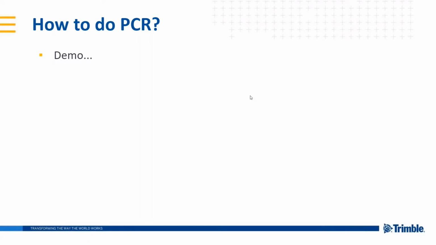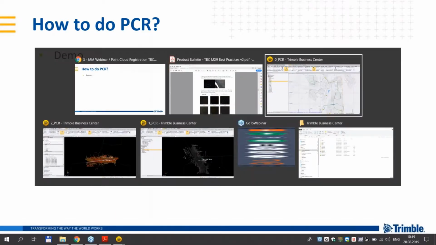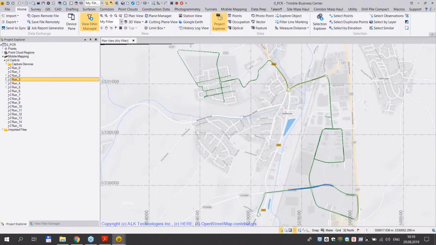Coming back to my presentation, I will jump into TBC to see how this absolute registration can be achieved. The first step, as I explained in my requirements, is to have a generated MX9 mission in TBC. Having a mission means that you should have imported your MXDB, the database that contains your data, and the SBET file.